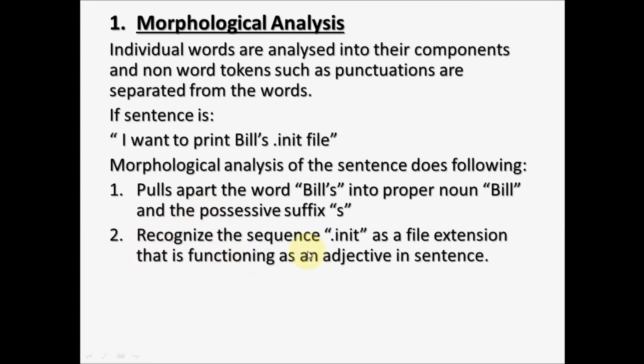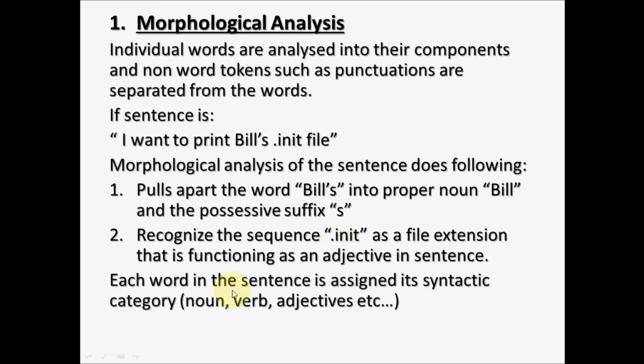Second, it will recognize .init as an extension to the file that is functioning as an adjective in the sentence, and as a result, the dot will be retained, not removed. Even though it is a non-token, it will be retained. Why? Because that dot helps you to understand that .init is an extension of a file. If I don't write the dot, it could just mean that init is the name of the file, which is wrong.